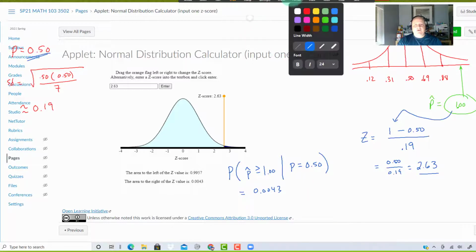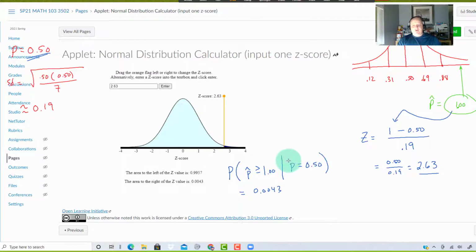And this is a good chance to kind of refresh your memory. This is conditional probability. The condition that we are assuming is we're assuming that it was a standard deck of cards.